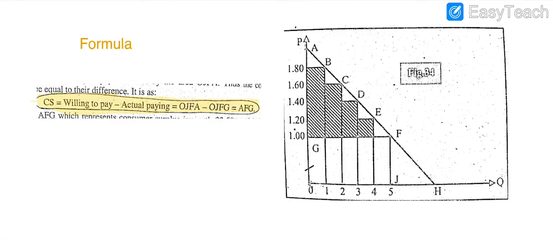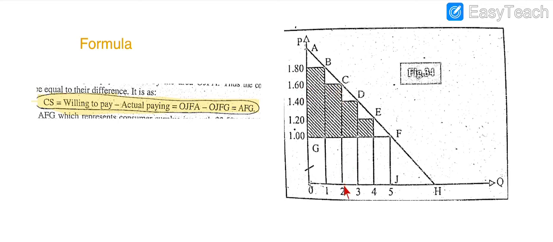See here how you can take it. For example, this is the price on the y-axis and this is the quantity on the x-axis. For example, for unit 1, when the consumer purchased it, its marginal value was 1.80, while when the price reduced from 1.80 to 1.60, the consumer purchased 2 units.